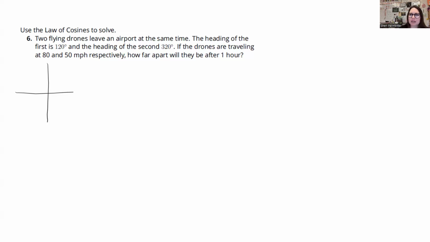Whether or not I label correctly is important. Let's try again. So I have one angle that goes off in the second quadrant at 120 degrees, and it's heading at 80 miles per hour. Okay. The other one, 320, what quadrant is that going to be in?